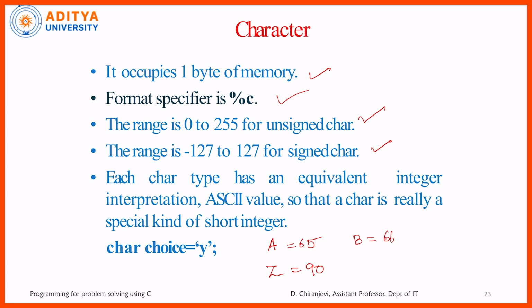In the same manner, C is 67, then D is 68. Capital Z is 90, and the small a ASCII value is 97. In this manner small z is 122, because 97 plus 25 gives 122. So every character has its respective ASCII value.